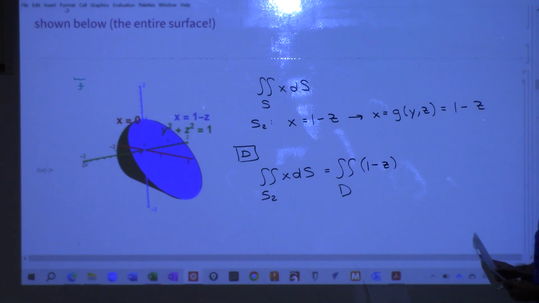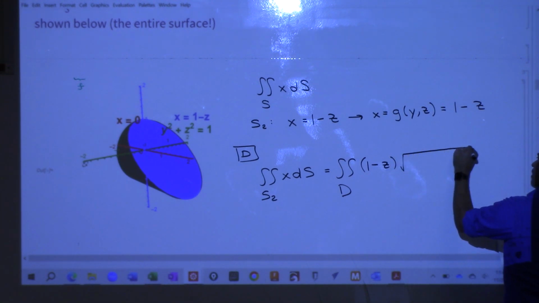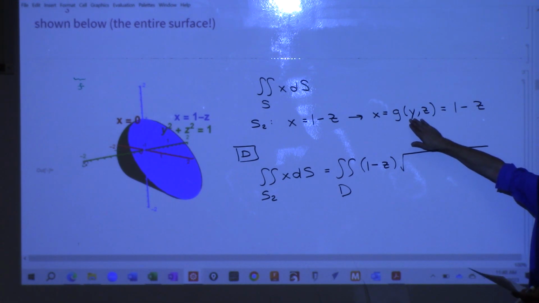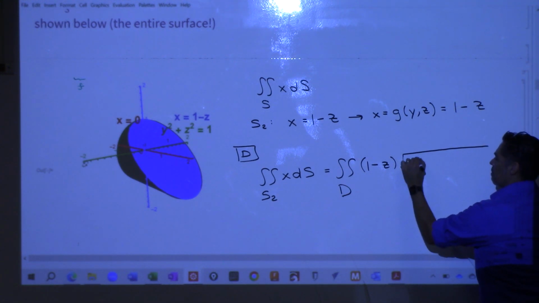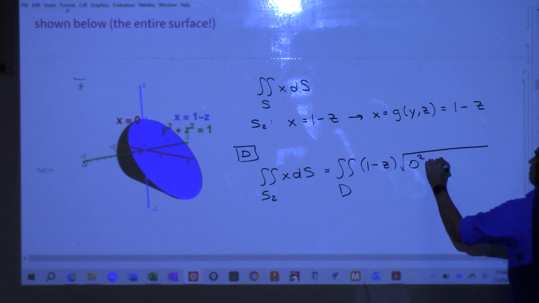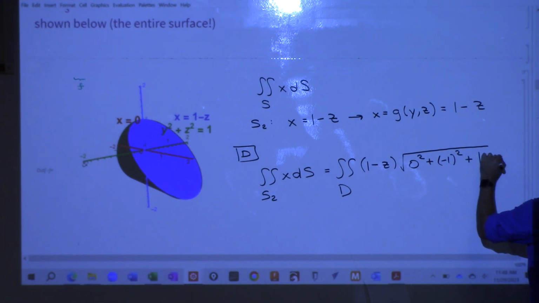Then square root of partial of g with respect to y, 0 squared, plus partial of g with respect to z, negative 1 squared, and then plus 1 is just part of the formula, dA.